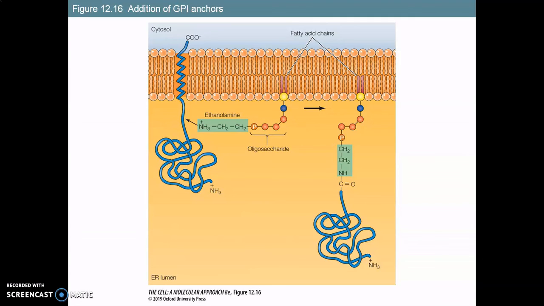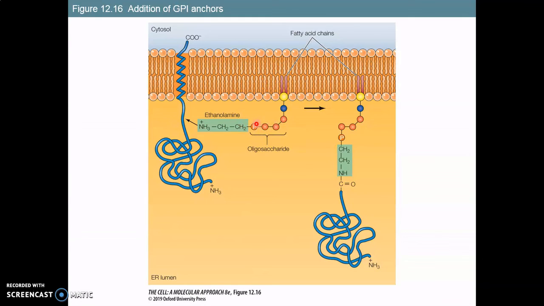All right, the final thing that I wanted to cover in this section is the concept of GPI anchored proteins. So in this process, we take a protein that has already been inserted into the membrane. And what we do is we essentially cut the protein off and couple it onto what we call a GPI anchor.